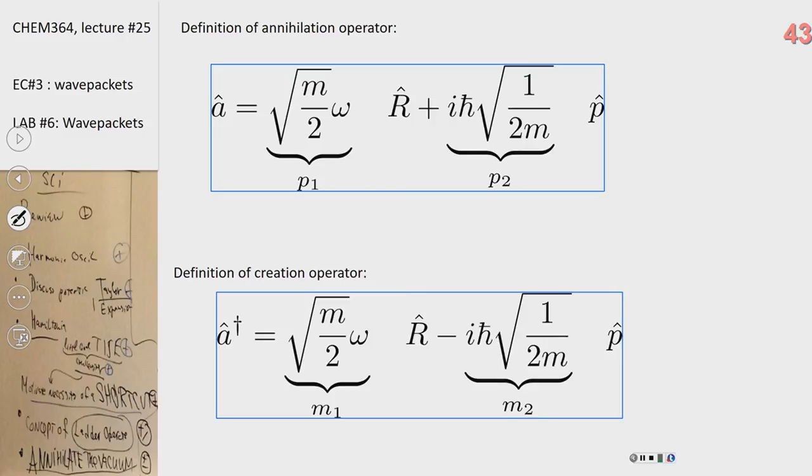So this is the definition of creation and annihilation operators that, as we will see very soon, will match all wishes from our list, and that will definitely help to find the ground state eigenfunction.